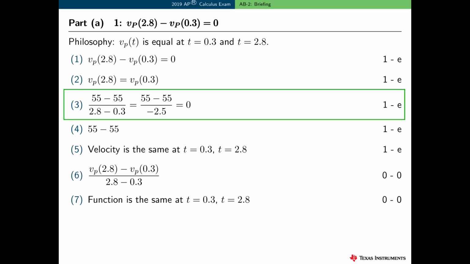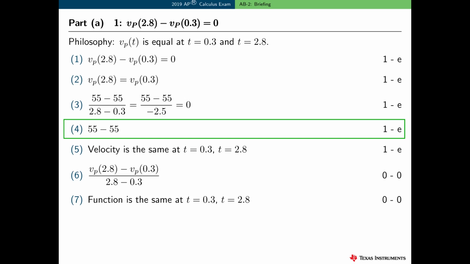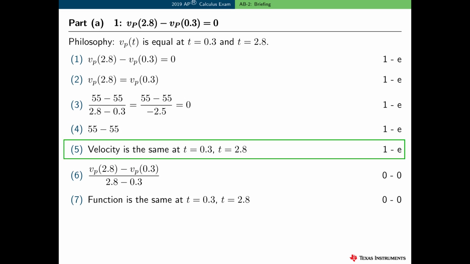In example 3, the student has conveyed that v sub p of t is equal at t equal 0.3 and t equal 2.8 by presenting the applicable mean value theorem quotient. So this earns the first point. Example 4 is pretty minimal, but also earns the first point. In example 5, the student earns the first point in words.